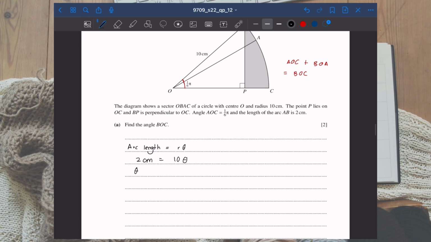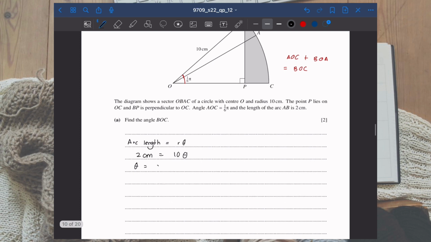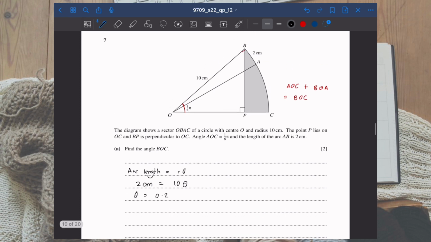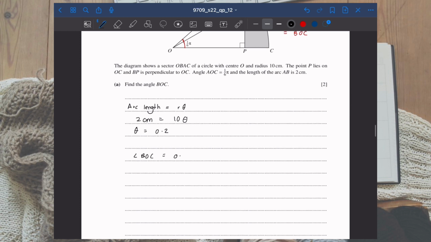So our theta for BOA will be 2 divided by 10, which is 0.2. So our angle BOC will be 0.2 plus 1/6 pi. You can also write it to 3 significant figures, which will be 0.724 radians. Both are correct.